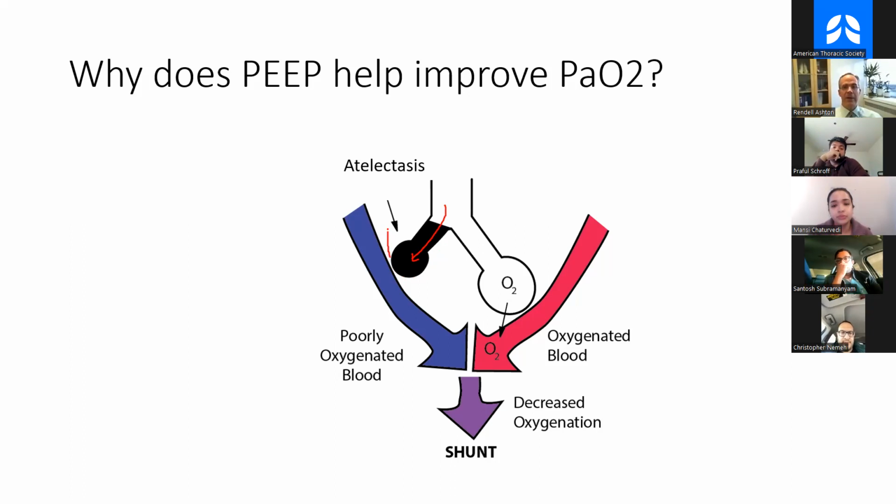Yeah, we'll get to that too. That's right. It's going to prevent that alveolus from collapsing again when we get to the end of expiration. The other thing it's going to do is push interstitial edema out of here, to make that alveolar membrane more permeable, a little thinner for better gas exchange. So PEEP is a good thing for oxygenation, again, as a way of increasing the mean airway pressure.